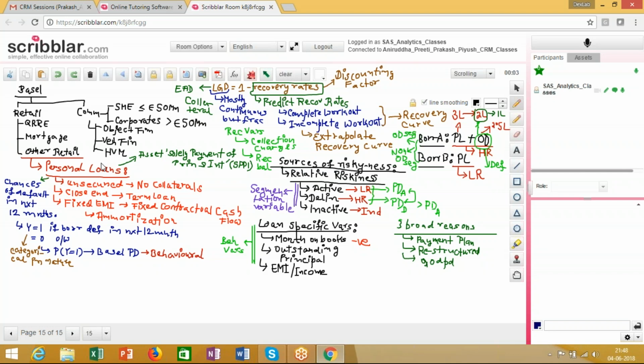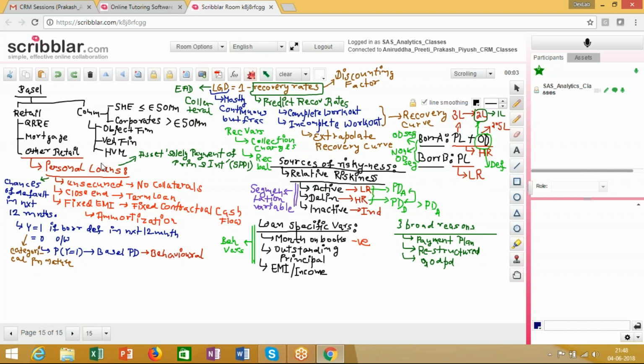QRRE comprises revolving products like credit cards, overdrafts, etc. A very important characteristic of these products is that they are open-ended and unsecured lending products, in the sense that there is no collateral associated with them. When I'm taking a credit card, I need not mortgage my house or any banking paper, so it's a very flexible kind of loan product.